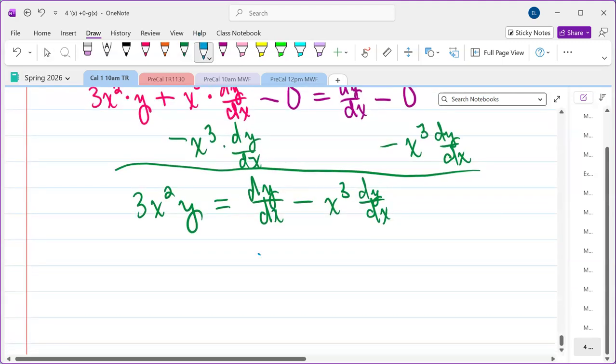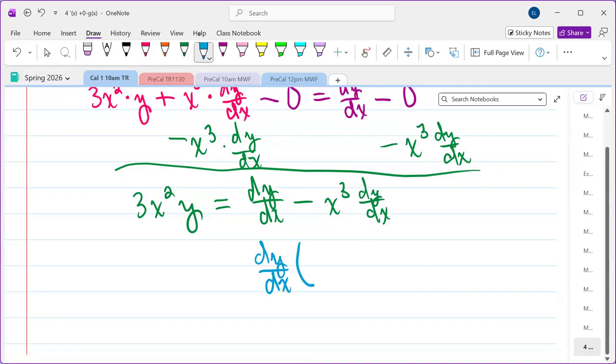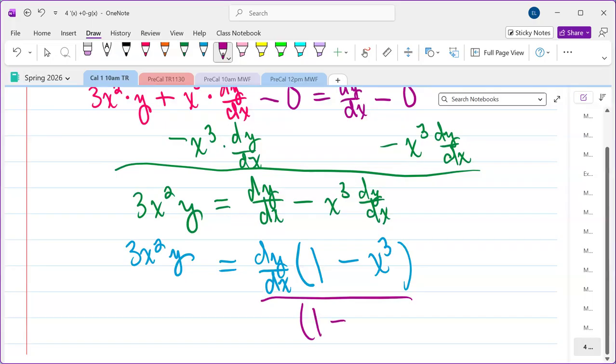They both have a dy dx, so I'm going to factor that out. And write my leftovers. So dy dx was the only thing in the first term. So I'm going to put a 1 as a placeholder. So that way dy dx times 1 gets us back to dy dx. Minus the x cubed will be inside. The dy dx is factored out. And then last step, we divide by the other stuff.